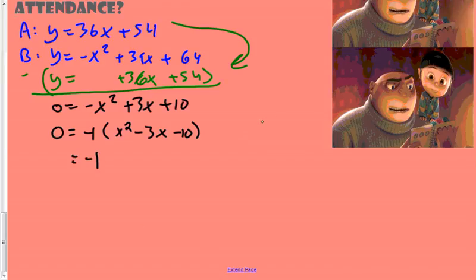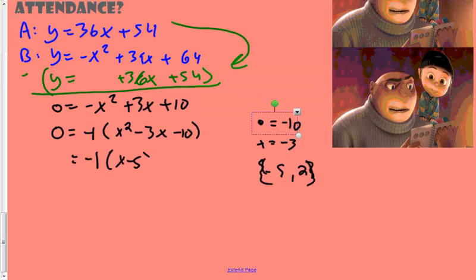Numbers that multiply to equal negative 10 and add to equal negative 3. I think it is negative 5 and 2. Well, there we go. So we have x minus 5 and x plus 2. Sorry, 2, not 3.